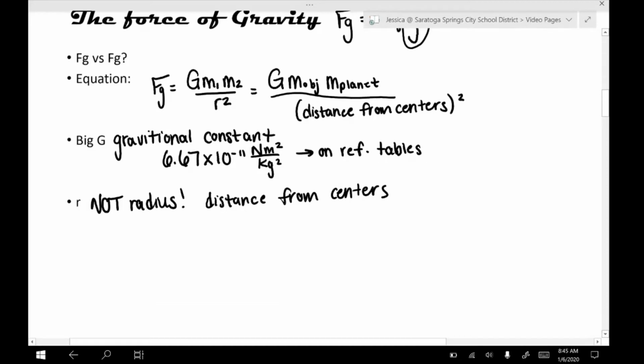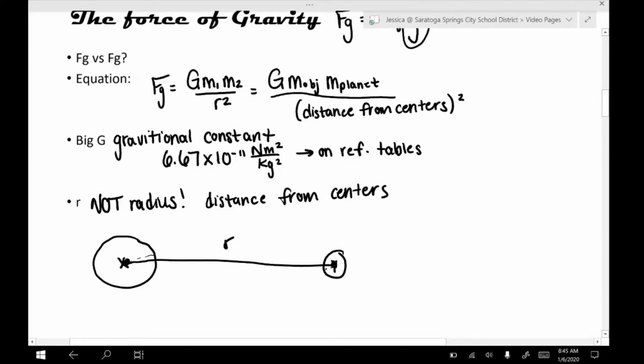So if I have, let's say, two planets, X and Y, actually make them slightly different shaped, Y, the distance, or the R, that I would need to plug into the equation is not the radius of planet X or the radius of planet Y. Instead, it's the distance between their two centers.